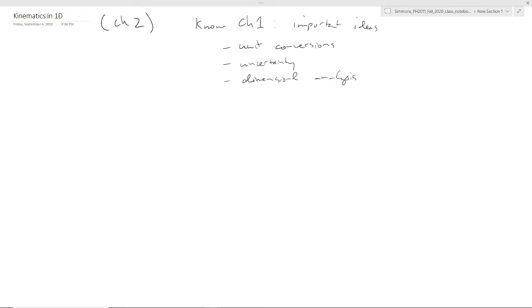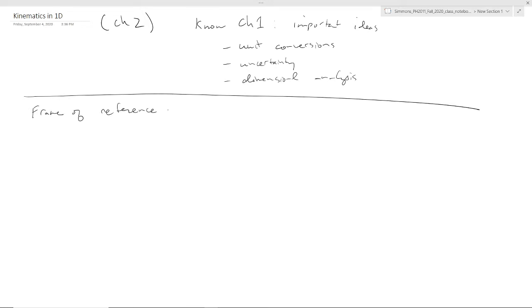Chapter 2 starts with a discussion of something called a frame of reference. You can think of a frame of reference as basically what you are measuring motion relative to.